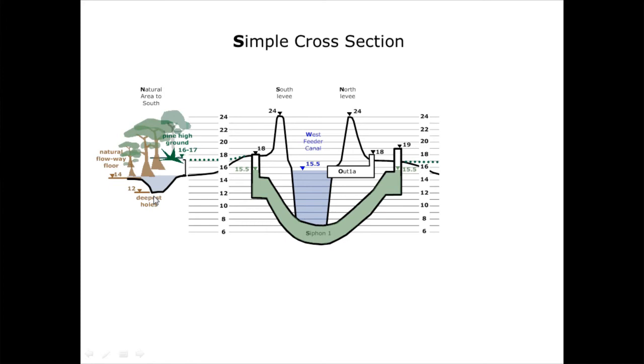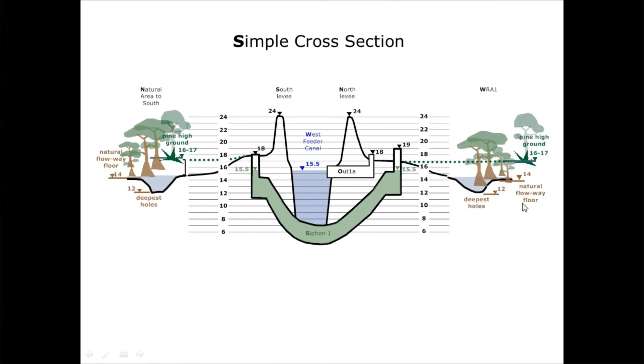Our natural areas, the deepest holes, remember, that Diane was standing in was around 12 feet, and our natural flowway is estimated at 14 feet. And again, we'd assume the same thing on the other side of the canal. And the big issue is here, water level has to rise 3.5 feet deep in that natural flowway for water to lip over into Out 1A. And then 4.5 feet, waters have to rise in that natural flowway before it lips over into the siphon.